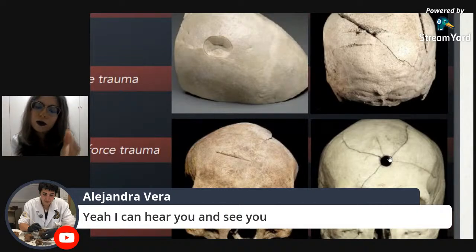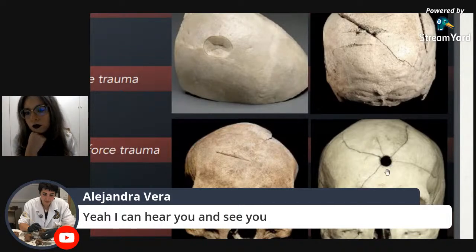The projectile's impact on the bone will lead to a sort of crown of microfractures which surround the circular fracture due to the entrance of the projectile.